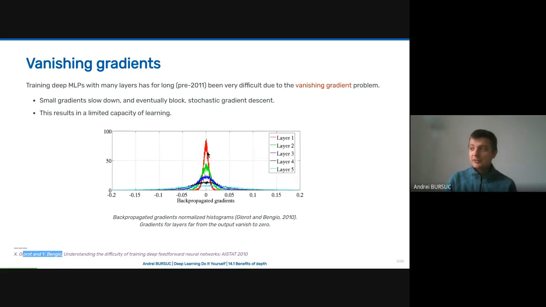Because of this, at some point what people were doing is what we call layer-wise pre-training. Practically, you were training a network with just one layer, training just this layer. Then you were taking the head off, adding a new layer, putting the loss there again, and training just the second layer while keeping the first layer frozen, then adding a third layer and a fourth one, and so forth.